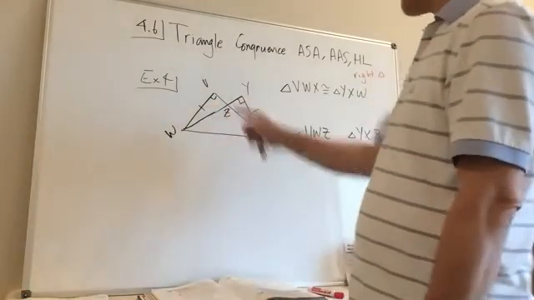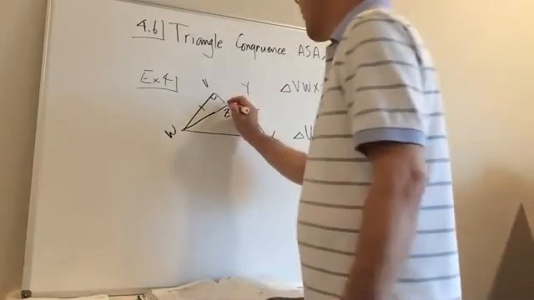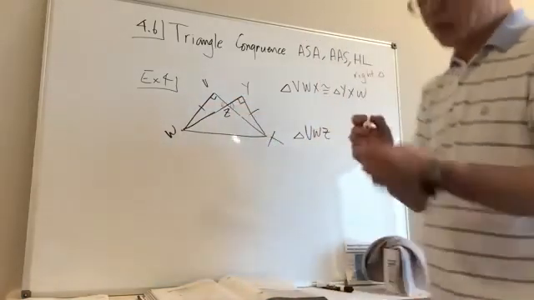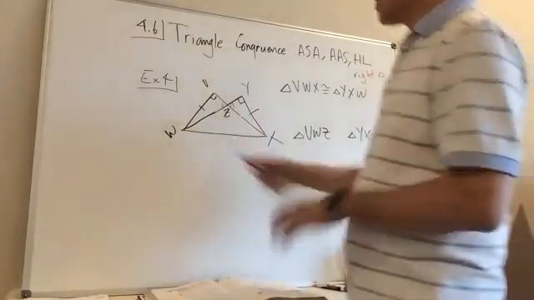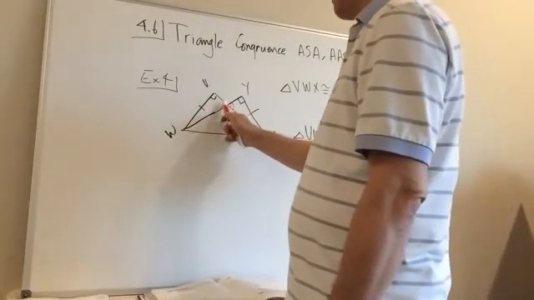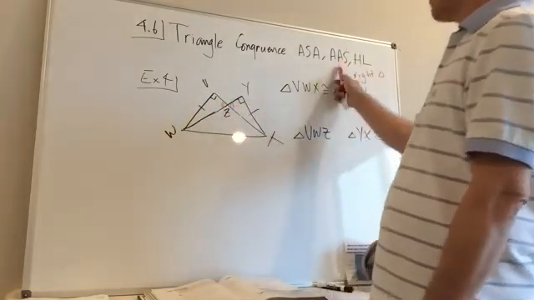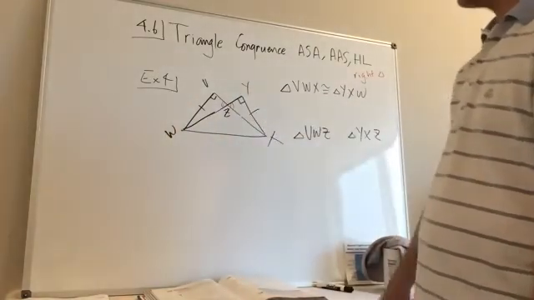I know this angle is congruent, but I also know that this guy here is congruent. Why are those two congruent? Because they are vertical angles. So I have angle, angle, side, angle, angle, side. So from angle, angle, side, I can say that the two triangles are congruent.